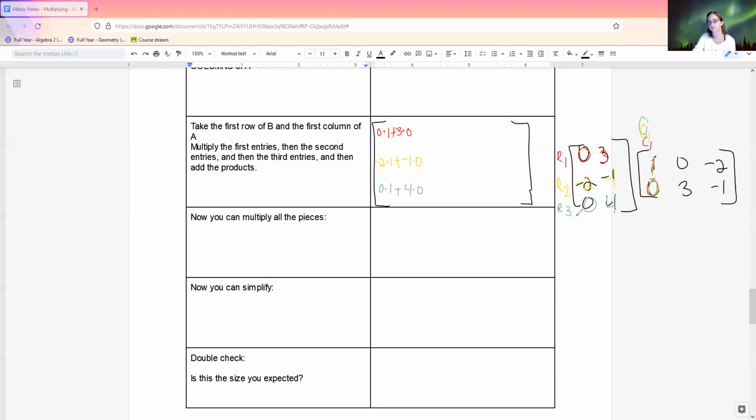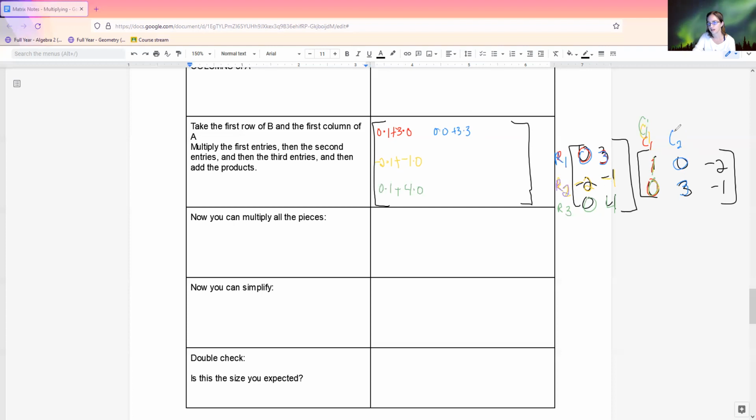New color. Row 1, column 2. So we've got column 1, column 2. 0 times 0 plus 3 times 3. New color.